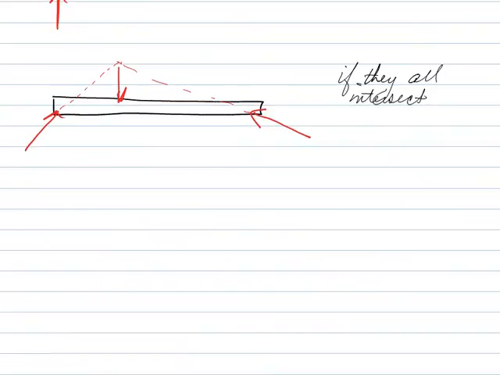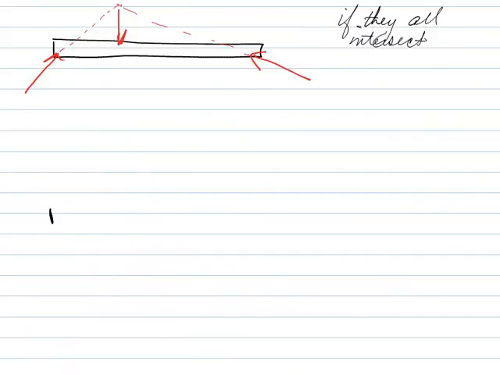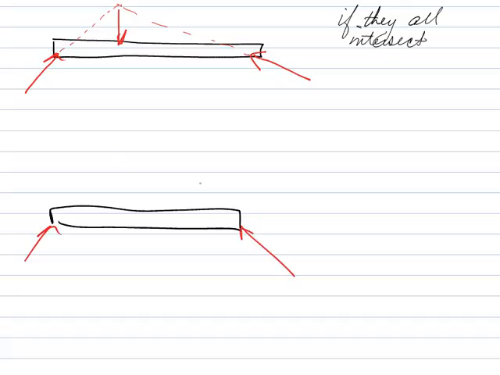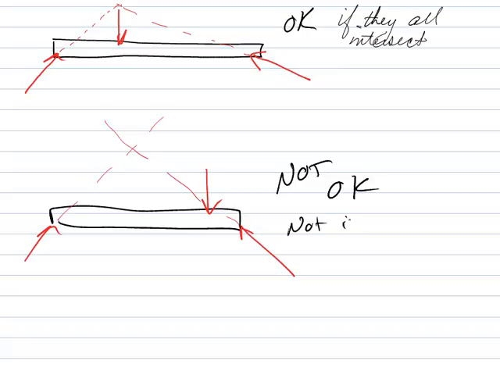So for example, if I wanted to place another force, say I had the same thing with this guy going here and this guy going here, if this force was here, see how they don't line up? That means that this is not in equilibrium. So this one's okay, this one's not okay.